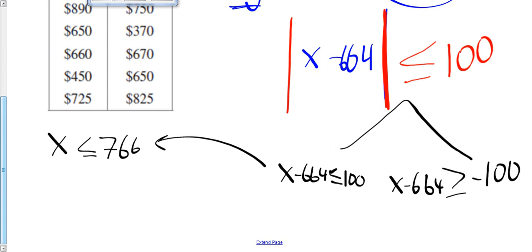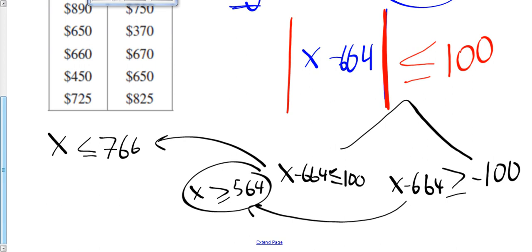And then for this one, I have X is greater than or equal to, and I think that's going to come out to 564. This should be a 4, right? So either I want my computer to be less than $764 or more than $564.